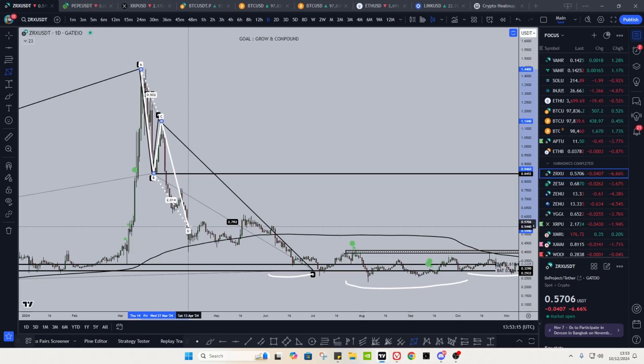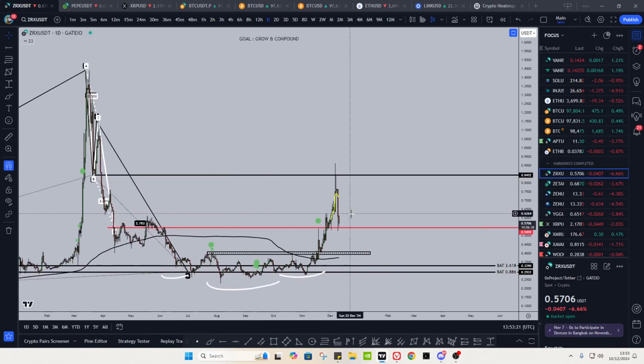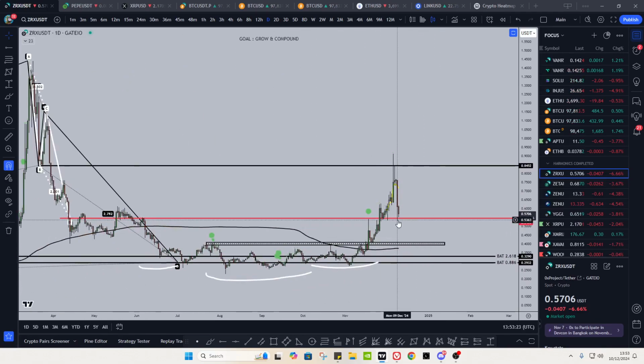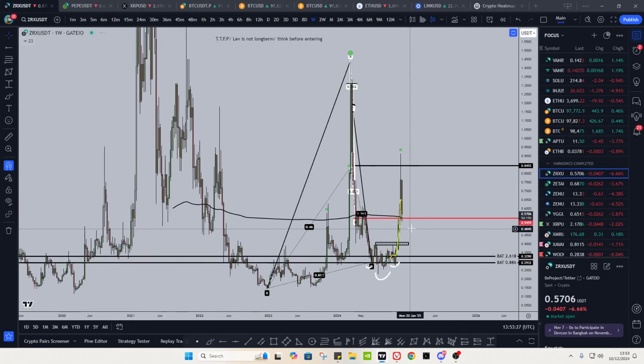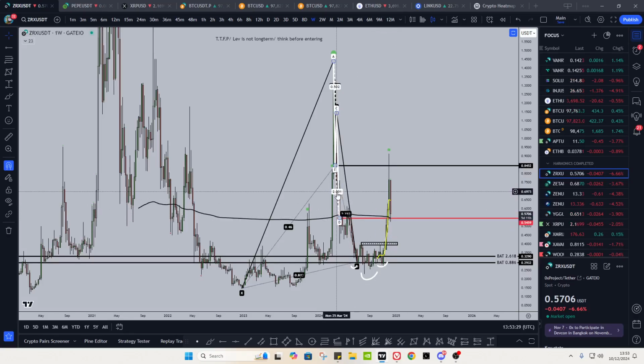But what we can do is leave the ABCD on, and then if I just go ahead and do something like this, there you go. Not only are you retesting your 200 MA on the weekly, you're also retesting your AB equals CD, this past AB equals CD 2.0. So that's another form of confluence for us.